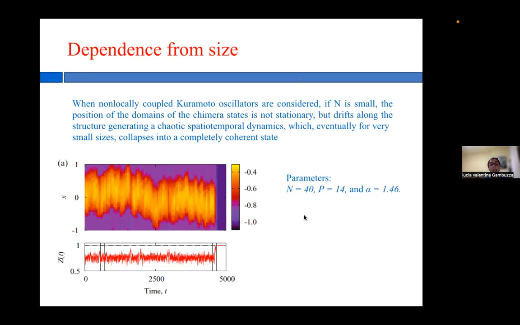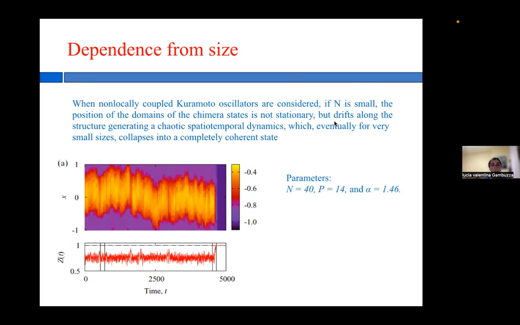In this case there is a problem, and in particular the chimera state has a transient behavior. So at this time the chimera state vanishes and all the units are now incoherent. Okay, and this means that we can observe a chimera state only if we have a system with a given N.